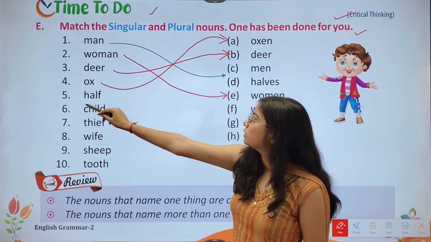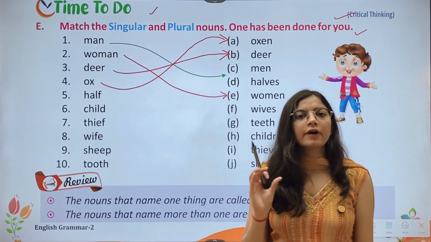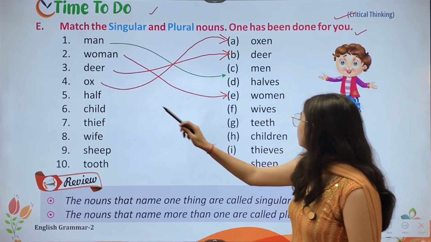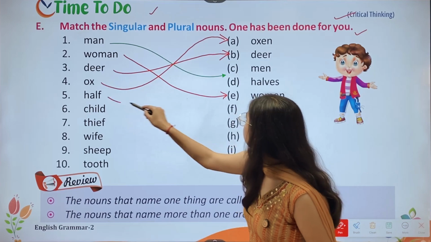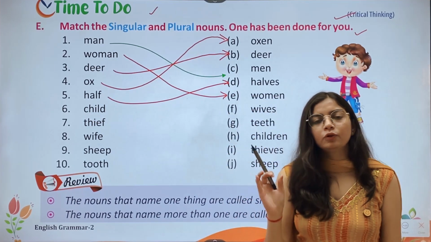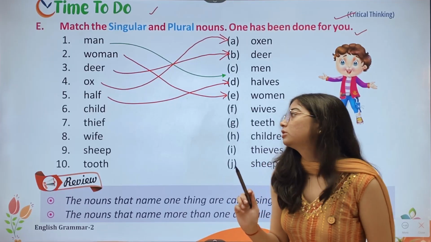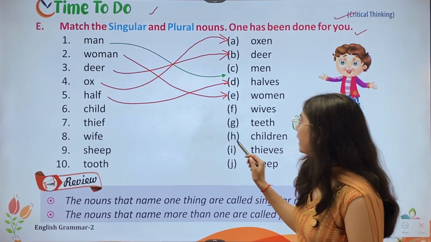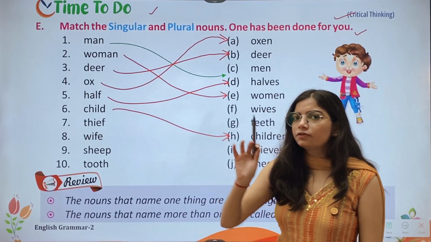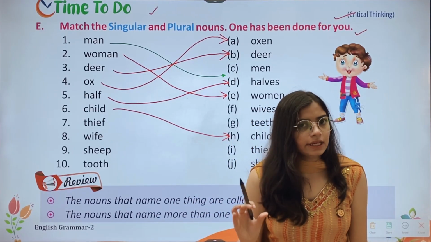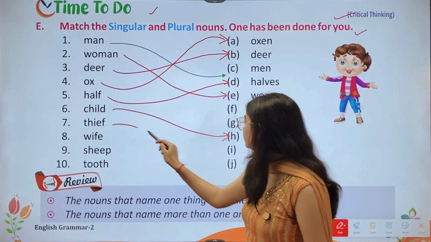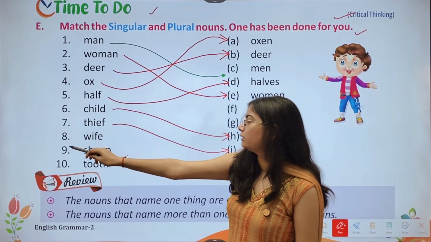Then fifth, half. The plural of half is halves. Now we'll match fifth with D. Then sixth, child. The plural of child is children. So we'll match sixth with H. Then seventh, thief. The plural of thief is thieves. So we'll match seventh with I. Then eighth, wife.